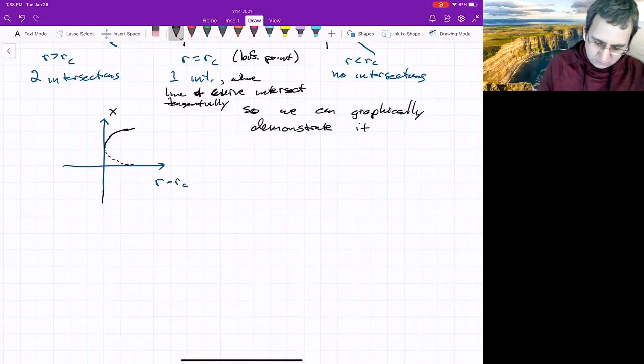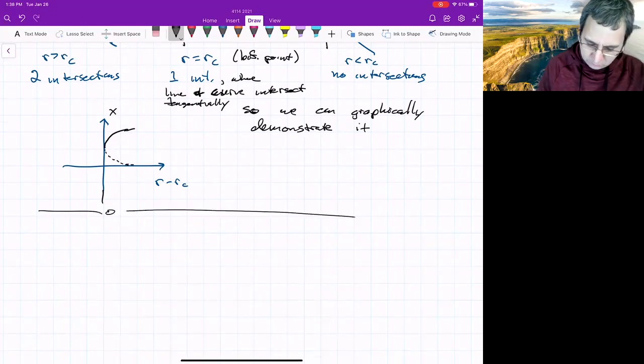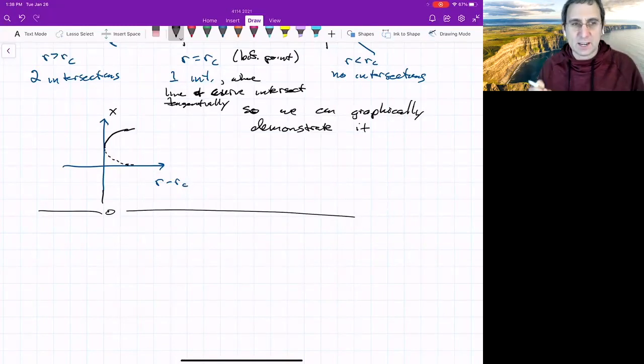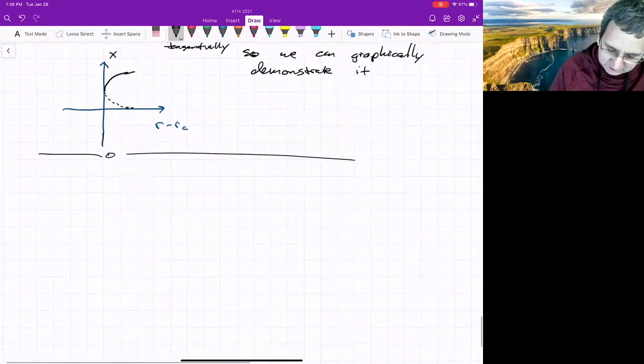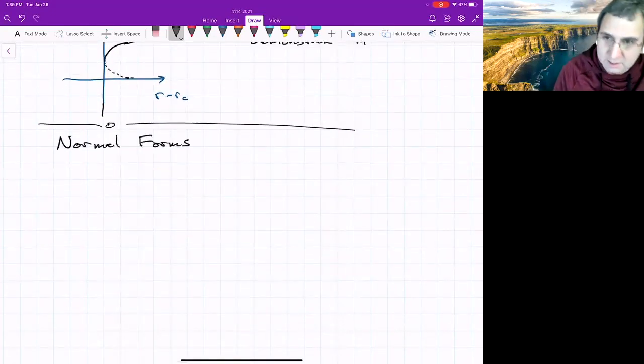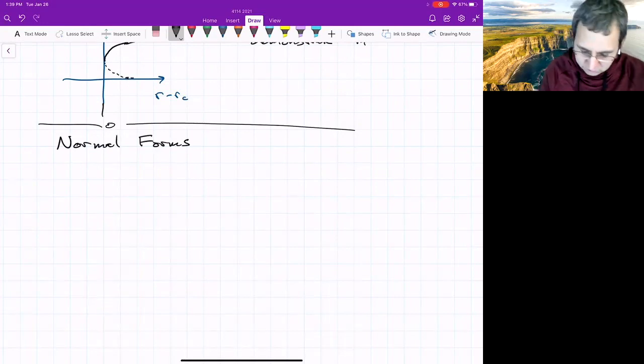This sort of gets to the idea of why I wrote r plus x squared. Because most things are not going to look exactly like that, but in some sense, they could always be rescaled to look like that. This is the idea of normal forms, and there are entire classes taught on normal forms.